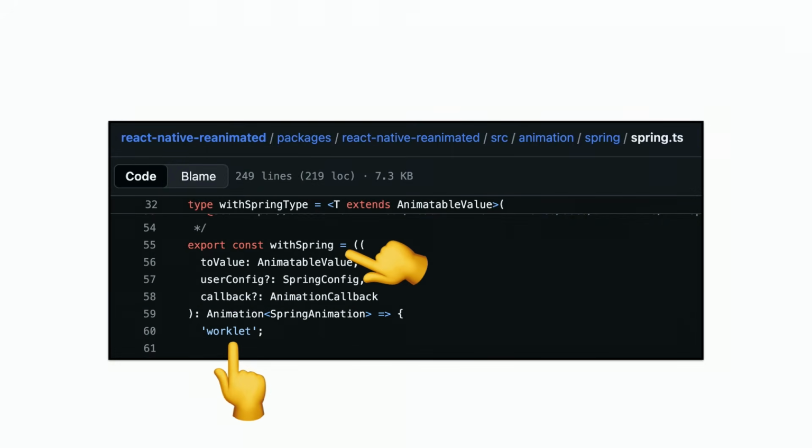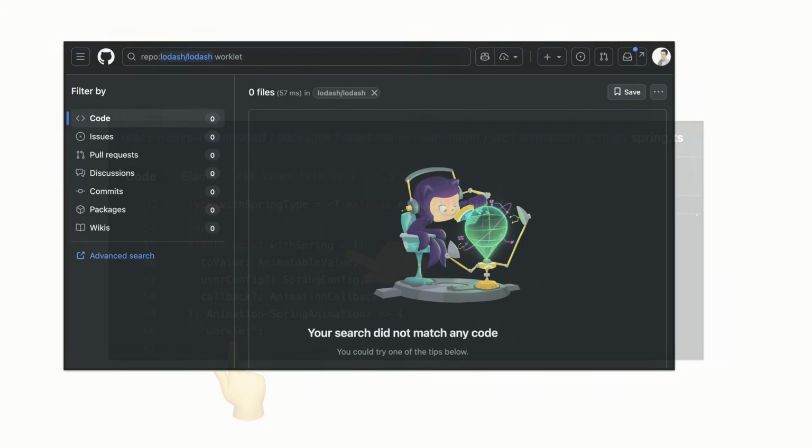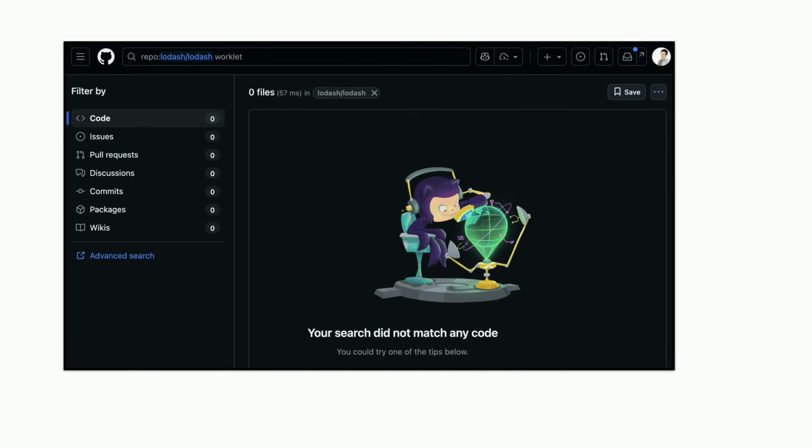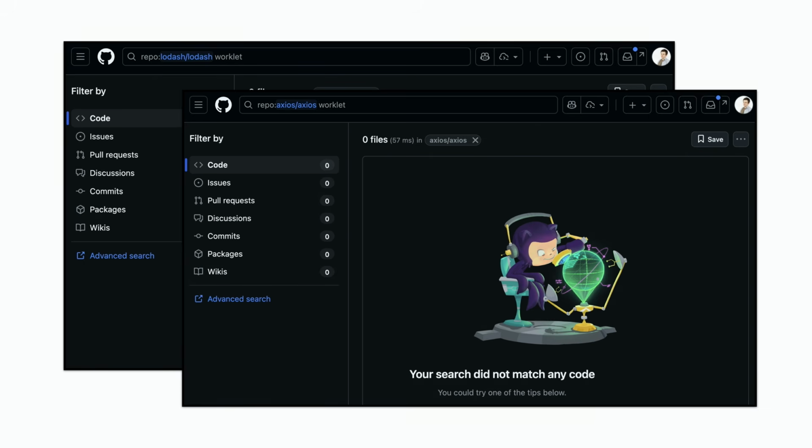And this is because withSpring is a worklet itself, so we have access to its code, and therefore we can use it in worklets. But if we take some more general JavaScript libraries like Lodash or Axios, they have no notion of worklets. I mean, why would they integrate with some React Native library? Why would they mark their functions as worklets?